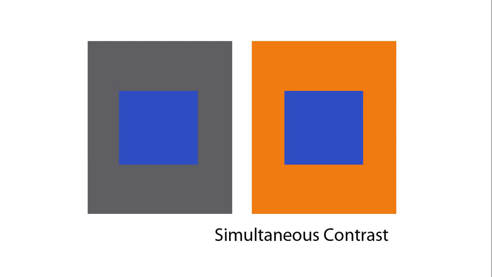Simultaneous contrast is what happens. It's a concept. So when you place 2 colors next to each other, what happens? Simultaneous, right? When it's happening at the same time, you put 2 colors, what do they do to each other? And you can see as you look at this, if I take 2 colors that are far apart from each other on the color wheel and place them next to each other, they both intensify each other.